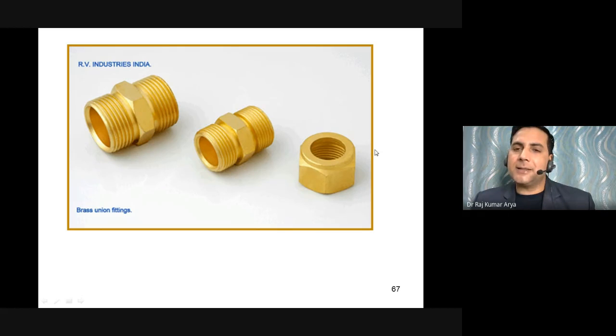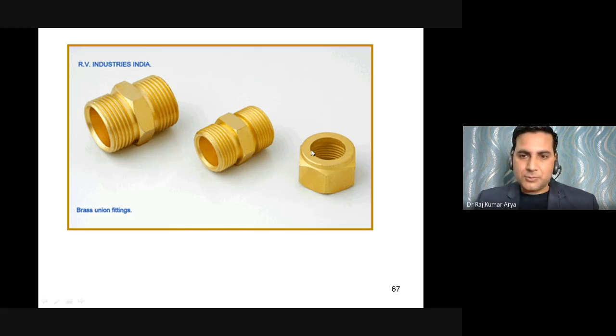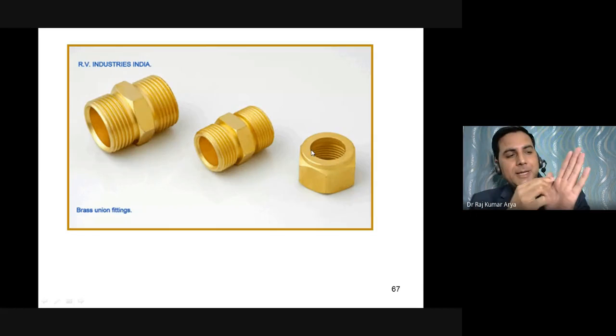See this side here. This is one side, and one side is just a cap. On the other side you have a thread. So the threaded one fits into the other pipe, and the next pipe is just a clamp. So this side you don't have thread. I will show here just a plate, and then you have a metal sheet here.